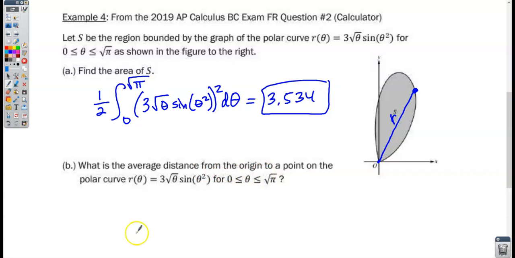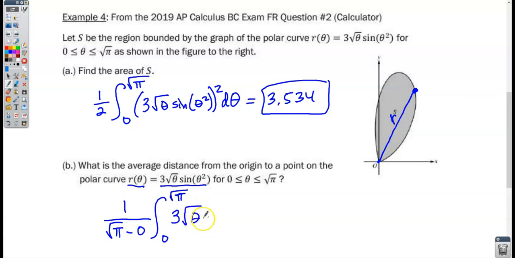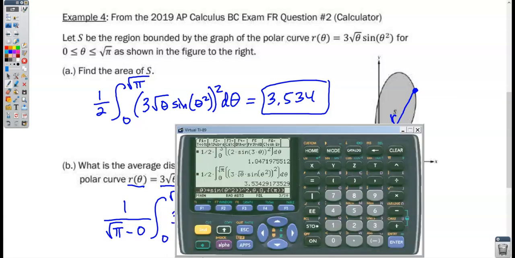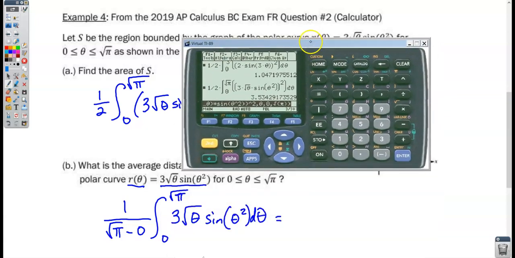So we're going to use our average value formula, and we're going to use r as our integrand. So average value is 1 over b minus a times the integral from a to b, and we're finding the average value of r. So that's going to be our integrand. And we'll go ahead and punch this up in our calculator.